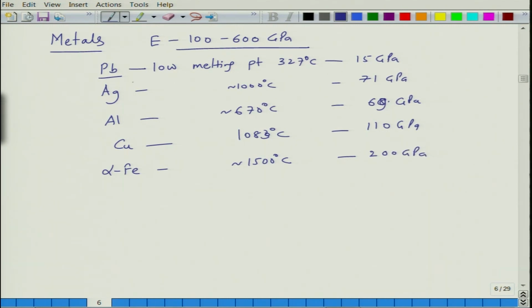Somewhere in between you can fit in zinc as well. Zinc has a melting point of I think about 420 degrees centigrade or so, and its modulus is close to 100 GPa. And then we have let us say tungsten. Tungsten has an extremely high melting point, more than 2500 degrees centigrade, and a modulus of 200 GPa.